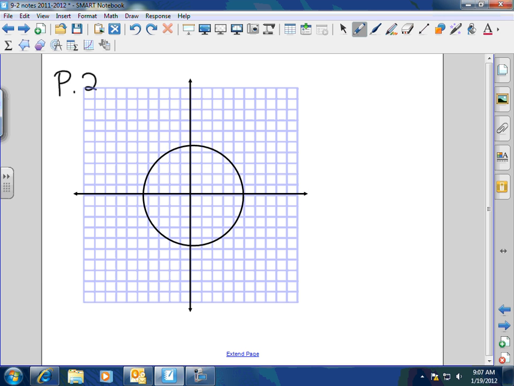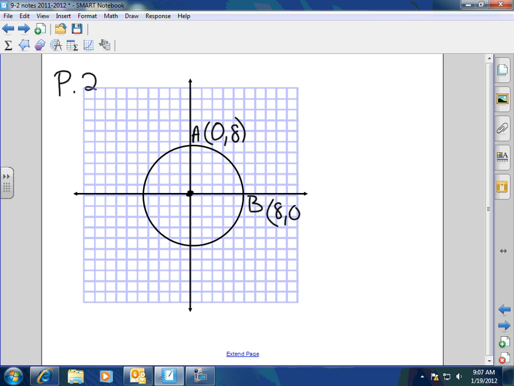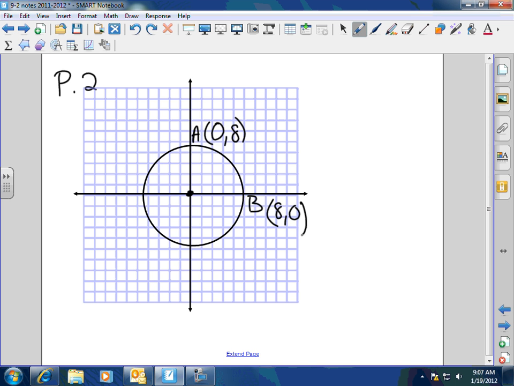The center is right here, and they want to find A, and here's B. This is 0, 8, and this is 8, 0. They want to find, for A, the measure of arc AB, and then for B, they want to find the length of AB. Please remember that this is very, very simple.